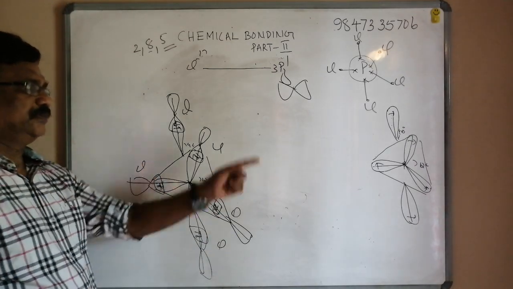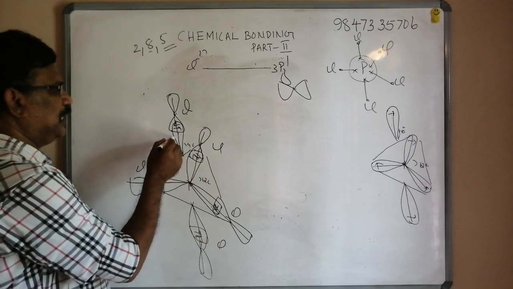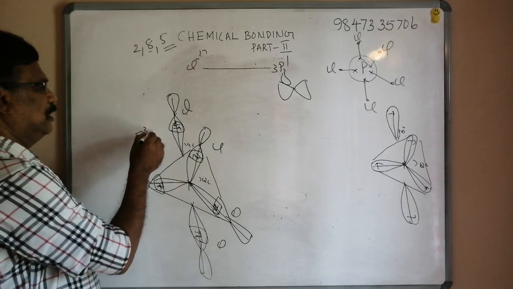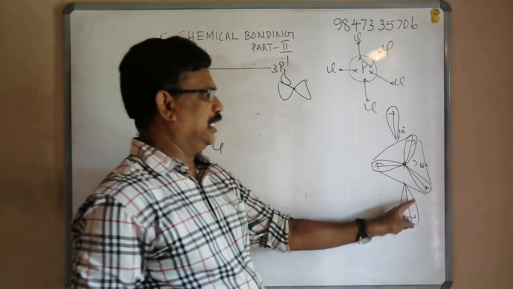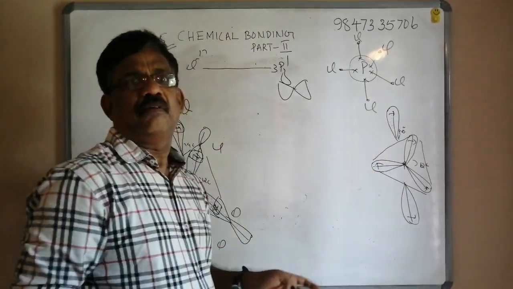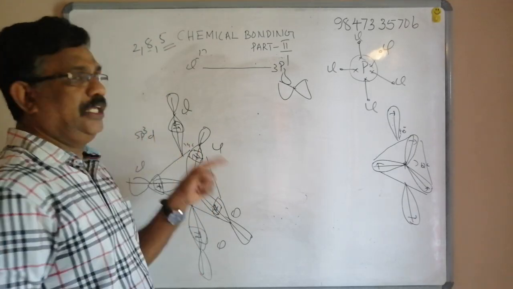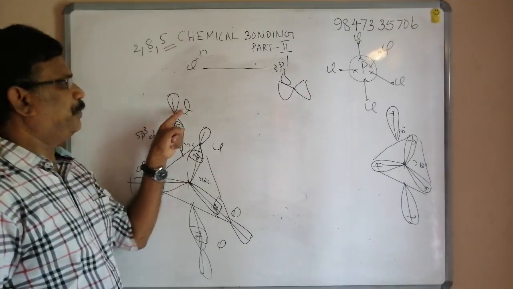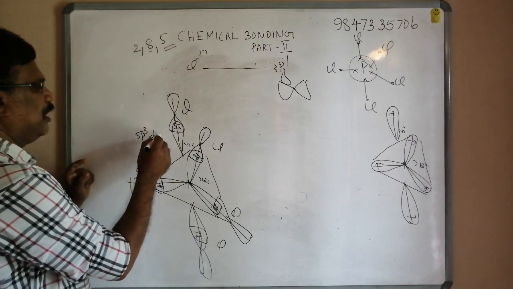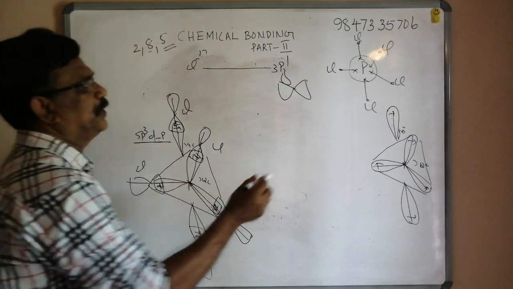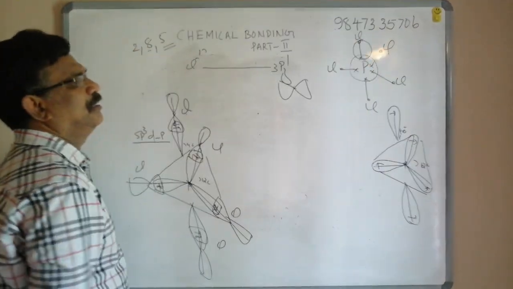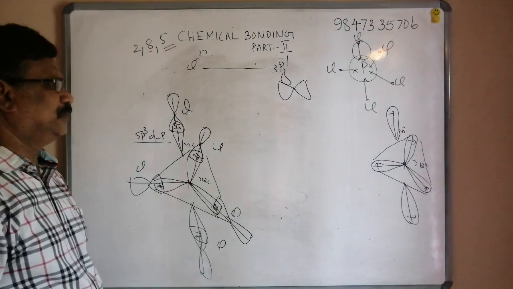This is PCl5. This is an sp3d hybrid orbital. Each orbital is called an sp3d hybrid orbital, for 11th class students. And this is an sp3d orbital, and this is a p orbital of chlorine. So sp3d-p overlapping, this covalent bond, orbital overlap.